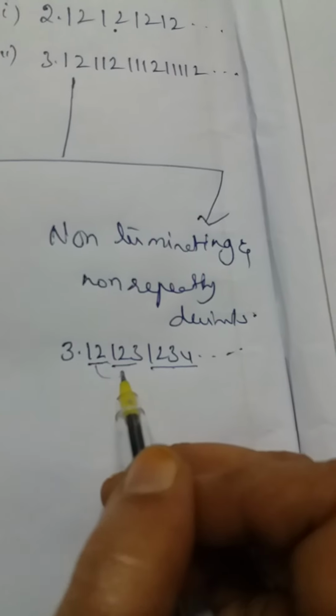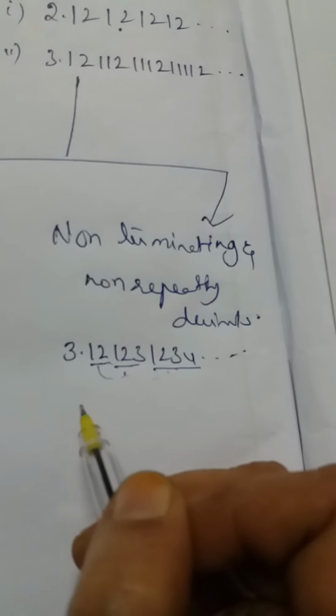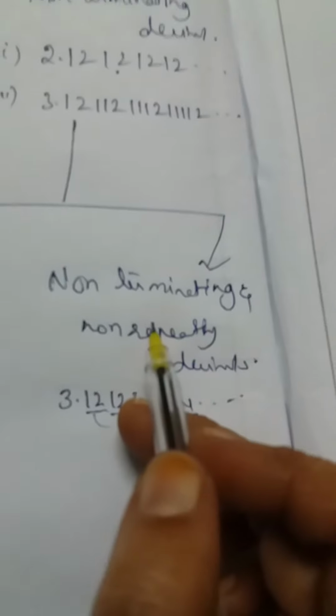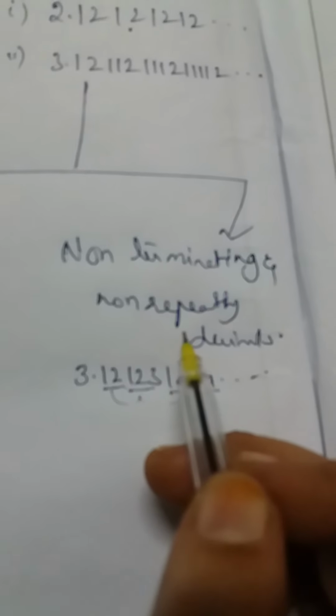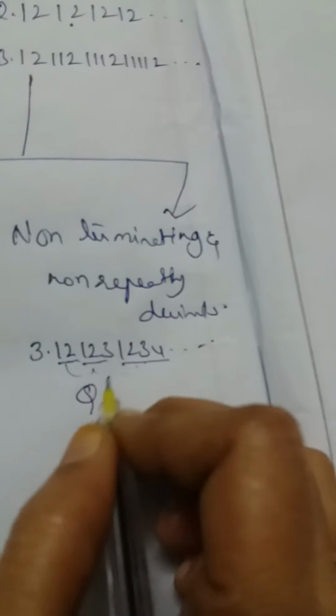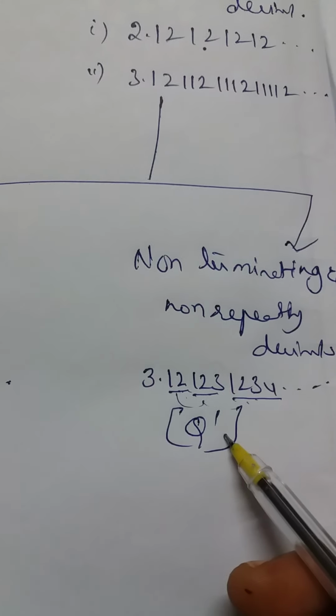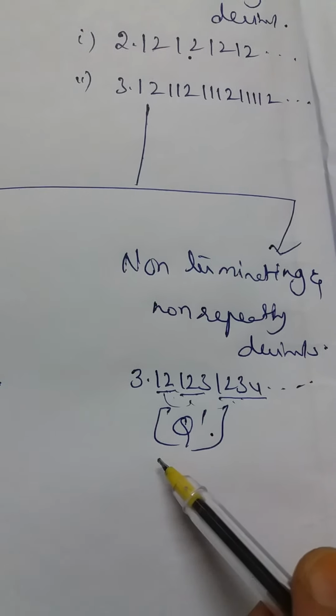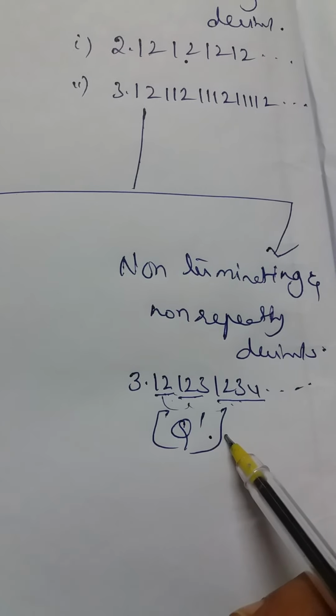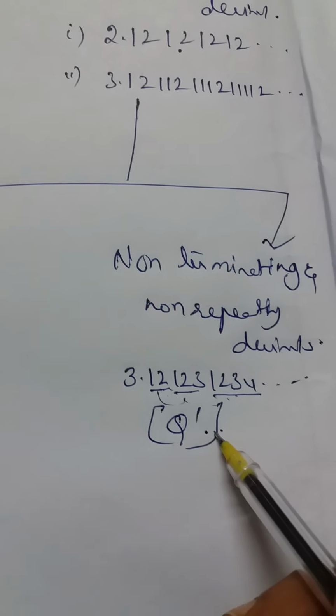The decimal part is not repeating continuously, so it is a non-terminating and non-repeating decimal. Such decimals are called irrational numbers. A decimal which is neither terminating nor non-terminating and repeating is called an irrational number.